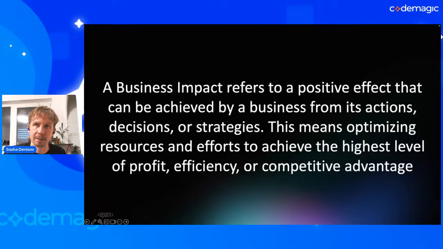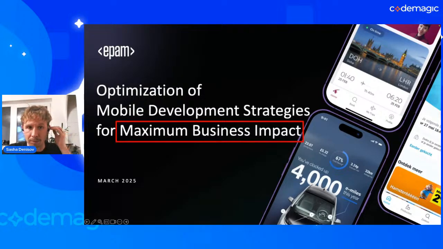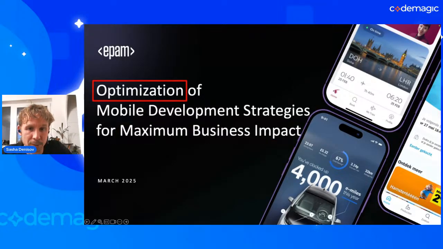Business impact refers to a positive effect that can be achieved by a business from its actions, decisions, or strategies. This means optimizing resources and effort to achieve the highest level of profit, efficiency, or competitive advantage. But what does maximum business impact mean? It's the greatest positive effect. We have one more word to explain: optimization.